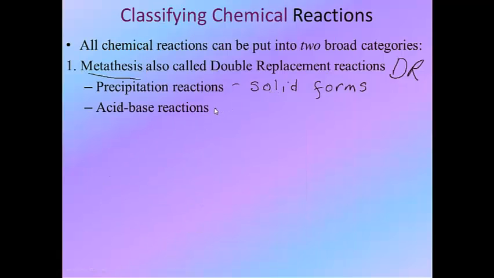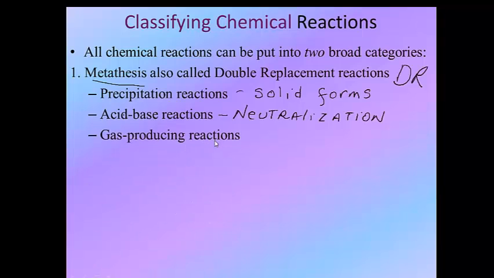Acid-base reaction, which is also known as neutralization. You might form water or a weak acid, which is another molecular compound. Gas-producing reactions is the third subcategory of double replacement reactions.